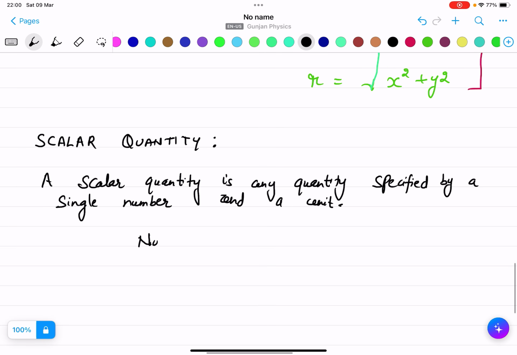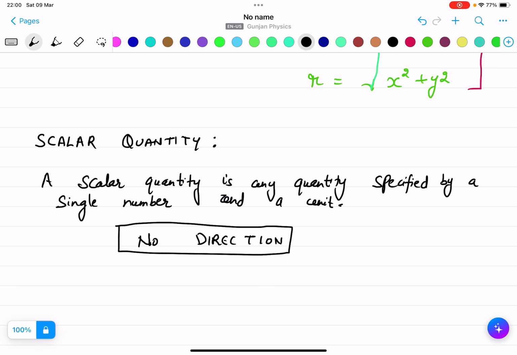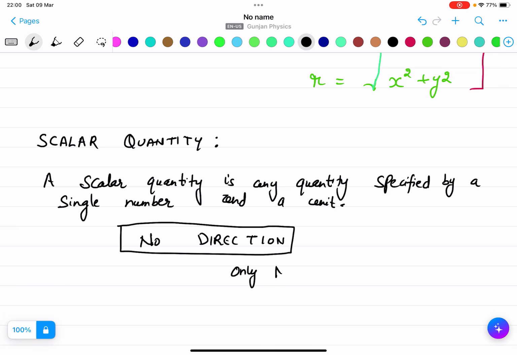It has no direction. If we are speaking about a scalar quantity, then there is no direction. It has only magnitude. A scalar quantity has magnitude, but it doesn't have any direction.